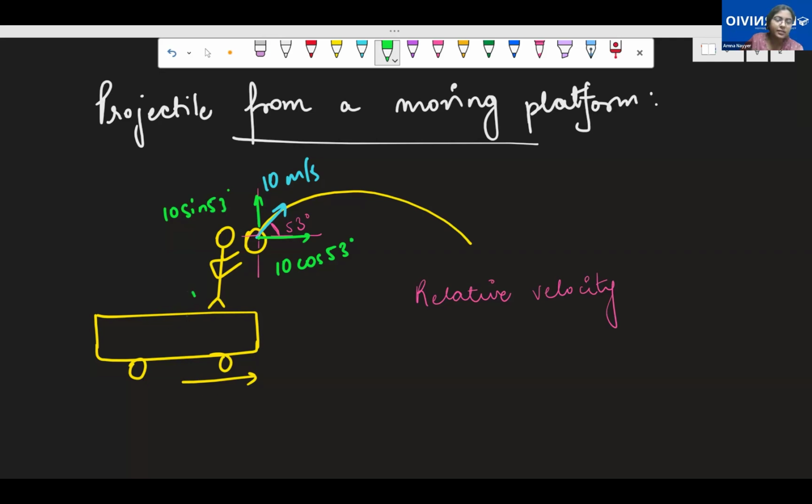Now see, if I say this is a boy, this is the car, you'll have to apply the concept of the relative velocity of the boy with respect to the car. That will be the absolute velocity of the boy minus the absolute velocity of the car.